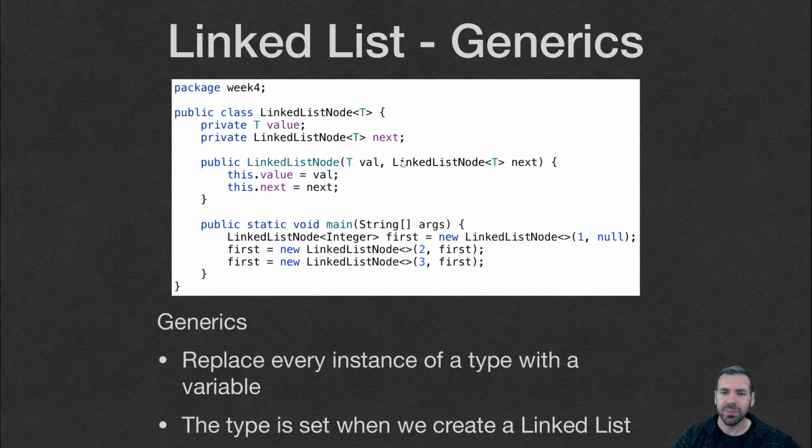So we're going to replace that type. Wherever we had int, we're going to replace it with a placeholder type, which is actually a variable. This is a variable name. So in the class definition itself, linked list node, we're going to specify a type parameter list, or as Java calls them, generics. So if you ever hear people call these generics, I'm going to call them type parameters because that's just what I know the concept as.